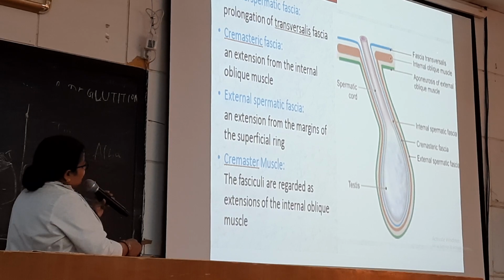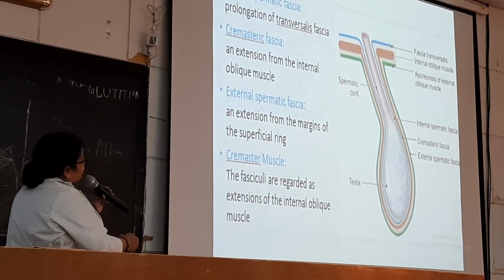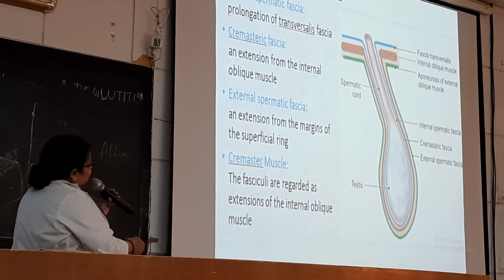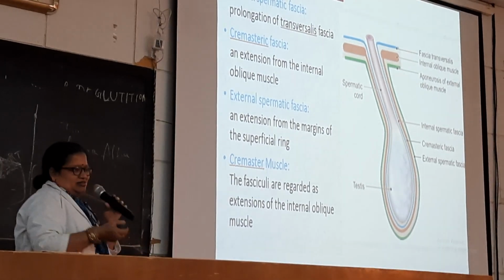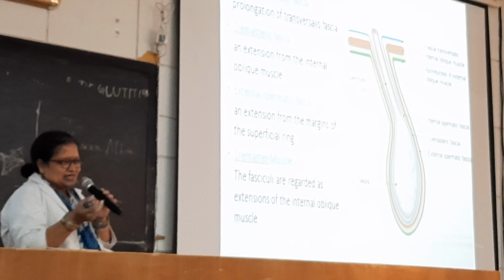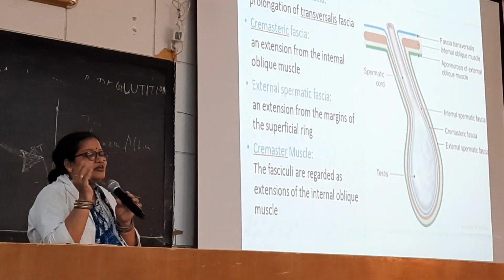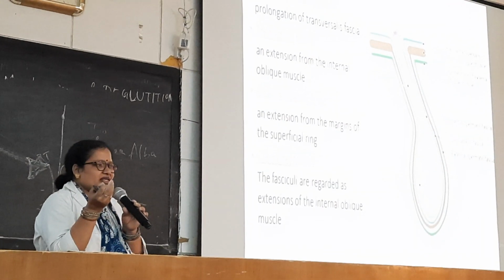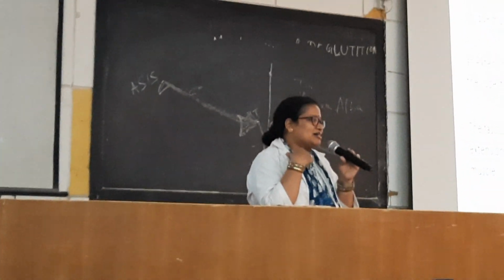So you see the coverings of the testis; we will go from outside inwards. It is covered by skin. Then below the skin, instead of superficial fascia, it has the dartos muscle, which is a remnant of the panniculus carnosus, that is the platysma.